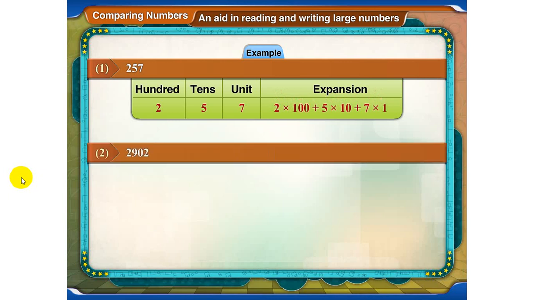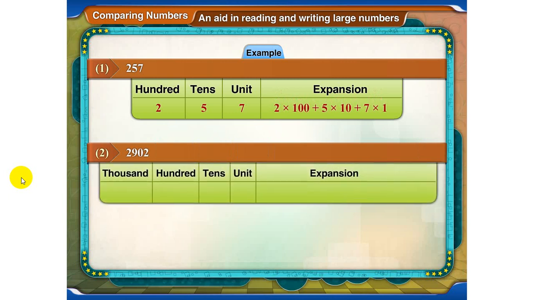2. 2902. In 2902, 2 is under O, 0 is under T, 9 is under H, and 2 is under TH.